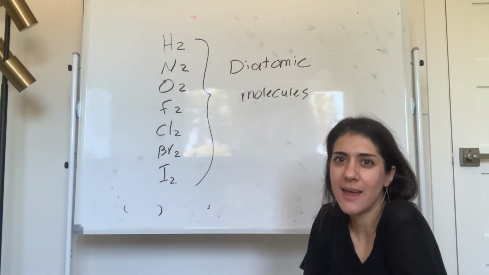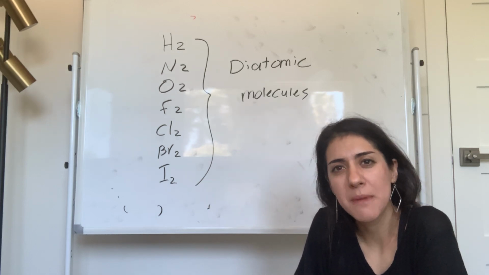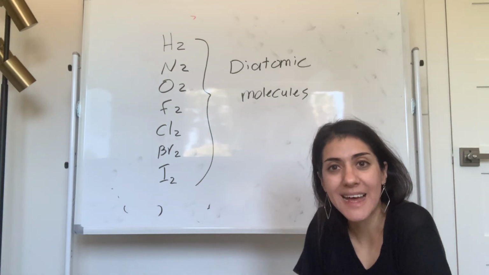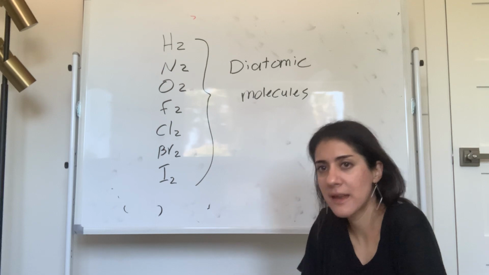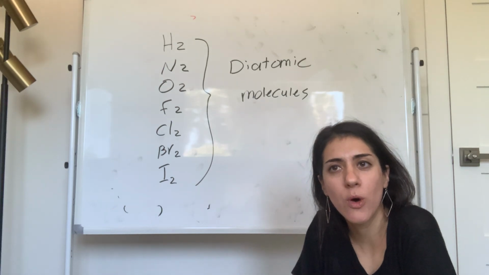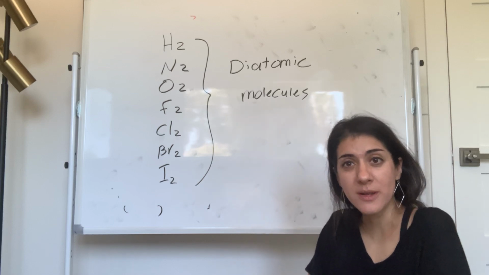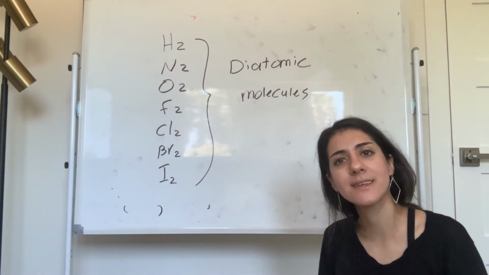When I say you're breathing oxygen gas, what do I really mean? I really mean O2, because that's how you exist in nature. When I say you're breathing in hydrogen gas, what do I really mean? I really mean H2. So notice, these are diatomic molecules. That's how they exist in nature.